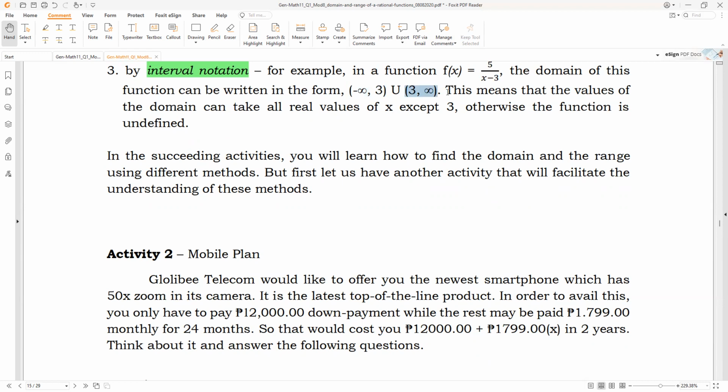The point is that the domain can take all the real values of x except 3. Otherwise, the function is undefined.